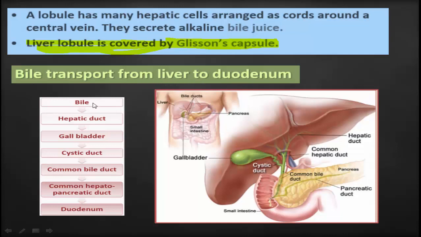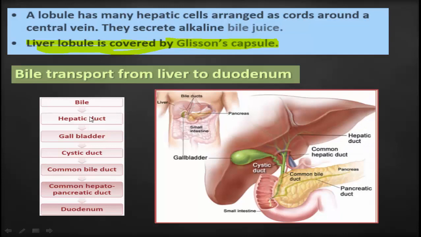So bile is secreted from hepatocytes. Where are these hepatocytes present? They are present in the hepatic lobule. So bile from hepatocytes is released into the hepatic duct. Here you can see the labeling. These are the small ducts arising from the hepatocytes, which is the actual site of secretion of the bile, and they are called hepatic duct.